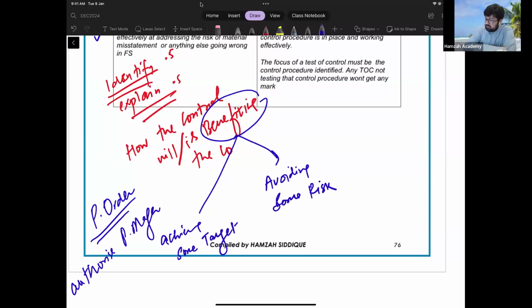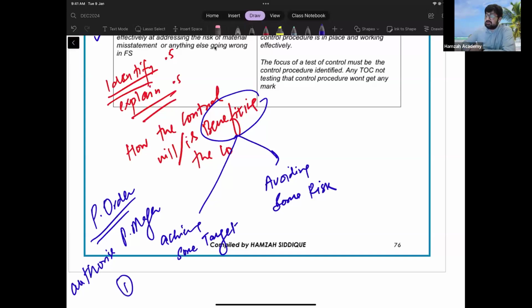This is a control. Now it is authorized by, what is the benefit of it? The benefit is that it ensures only business related purchases are made.